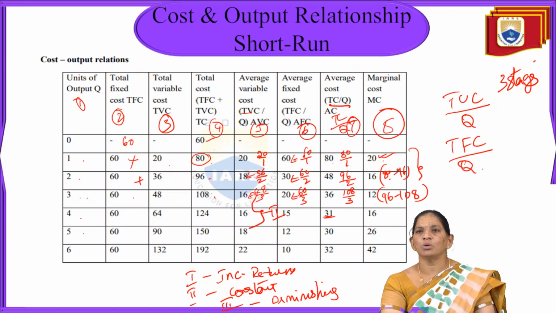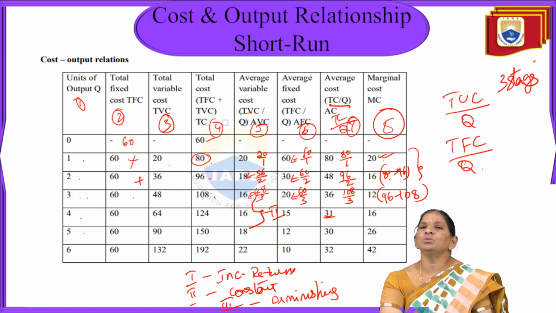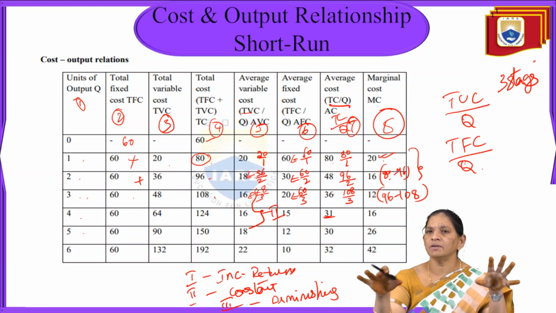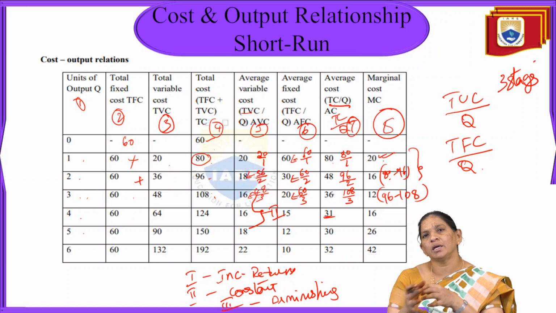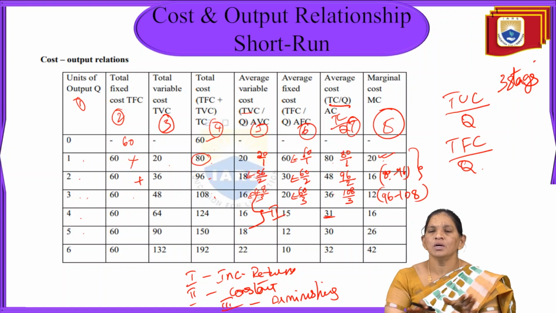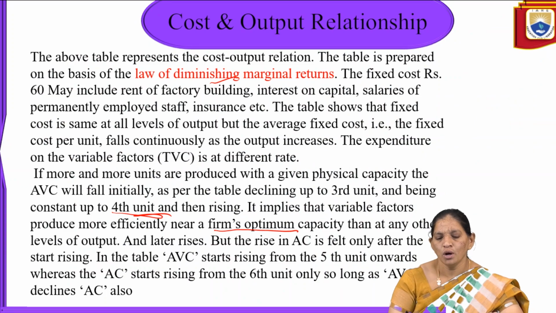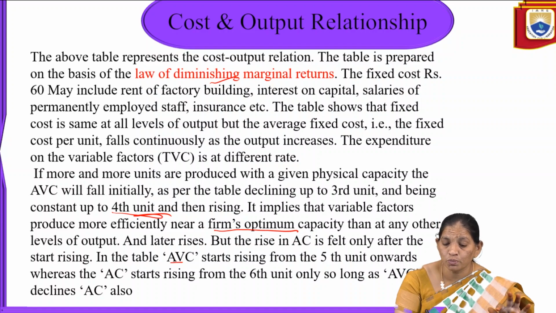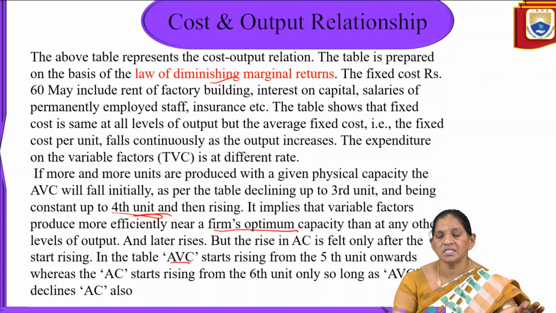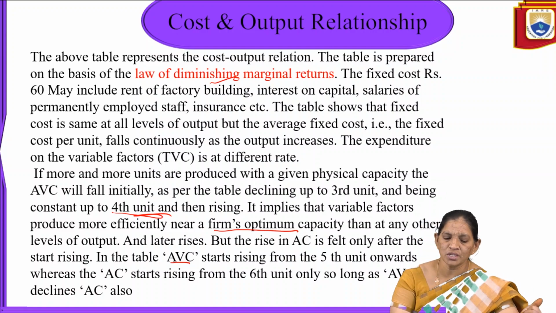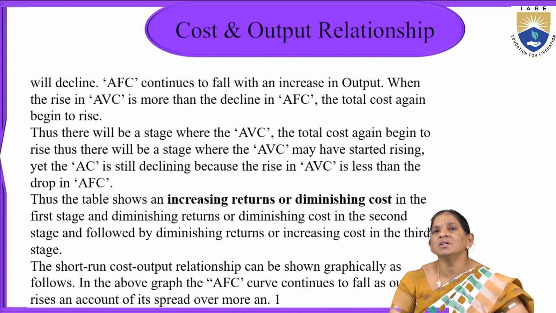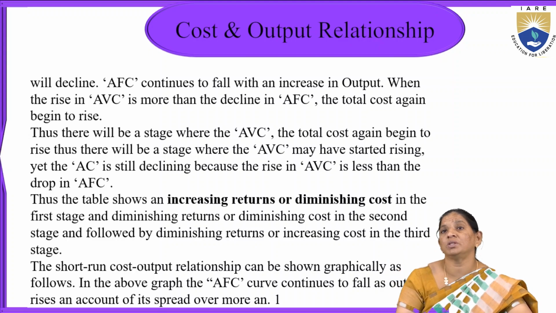It tends to decrease or attain a constant due to the exhausting of the fixed capacities. Effectively, when we are using the fixed capacity and it comes to an end, the capacities are totally exhausted, where we identify optimum utilization. We can see that average variable cost starts increasing or rising from the sixth unit. With this we can say that average fixed cost will continuously fall with an increase in output.